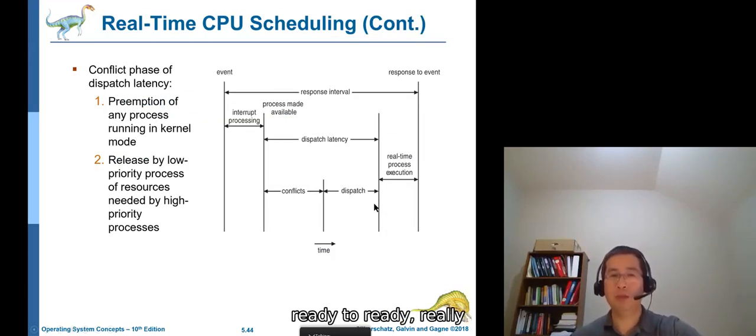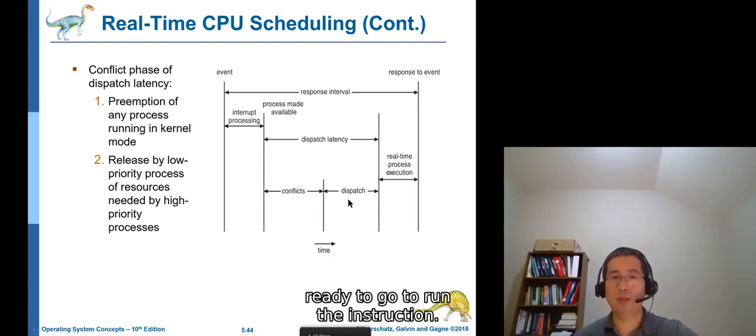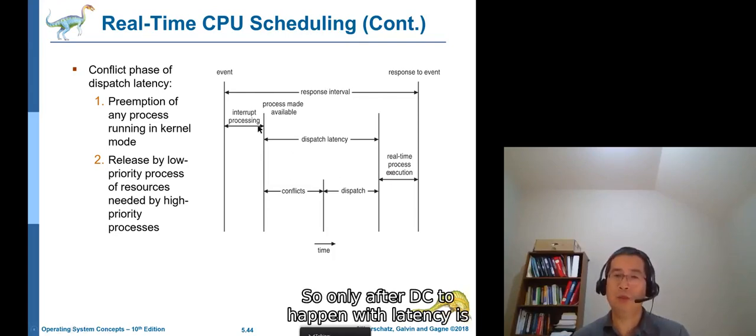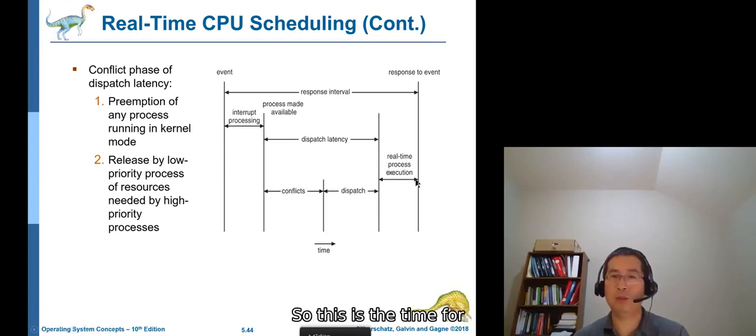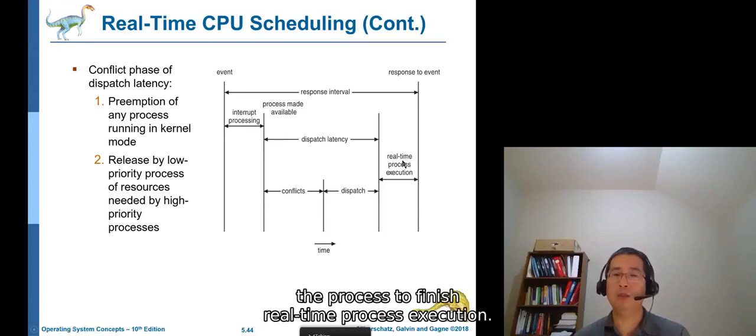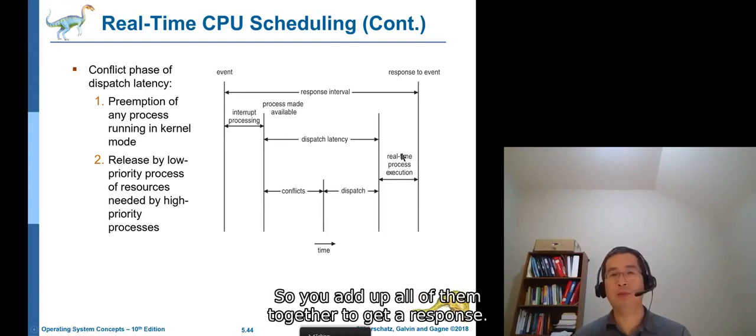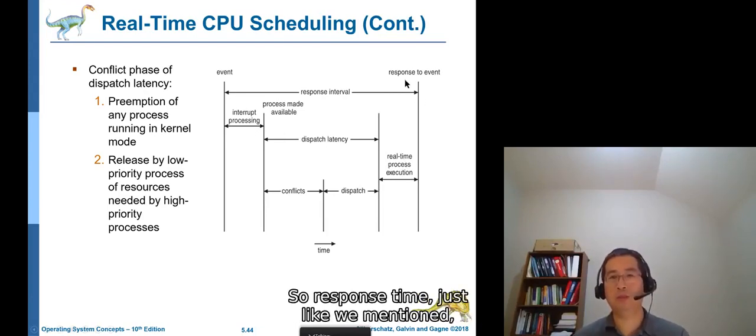So then it's ready to go to run the instruction. So only after these two types of latencies do we do real calculation, real computing. So this is the time for the process to finish, real-time process execution. So you will add up all of them together to get the response.